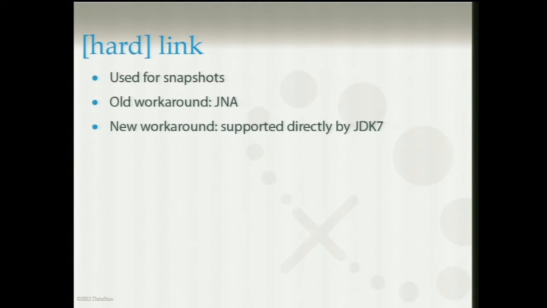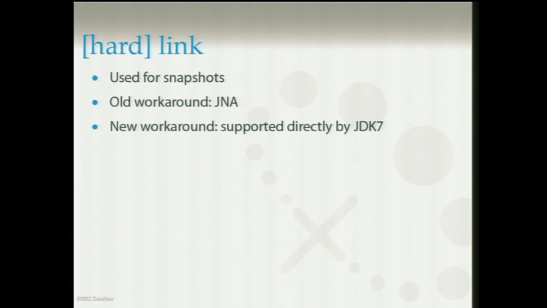Once we have that data file written out, it doesn't change. So if you tell me I want you to snapshot your data as of this point in time, I will flush whatever data I have in the memtables right now, and then I'll just create hard links to whatever set of data files I have. It's a little more complicated than that because we need to be consistent while compaction's churning things up, but that's the basic idea.